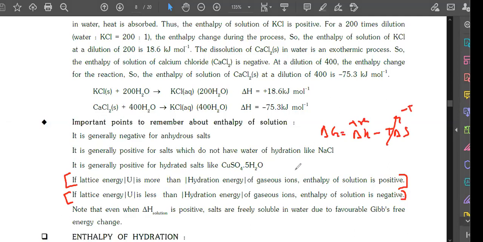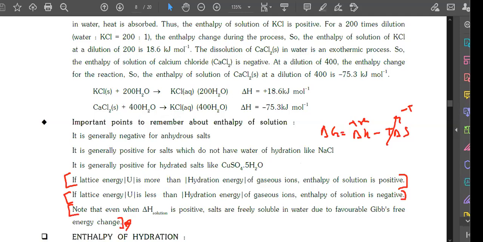Got it? Can you give me one example for this? If you increase the temperature, then more sugar can be dissolved. Yes or no?